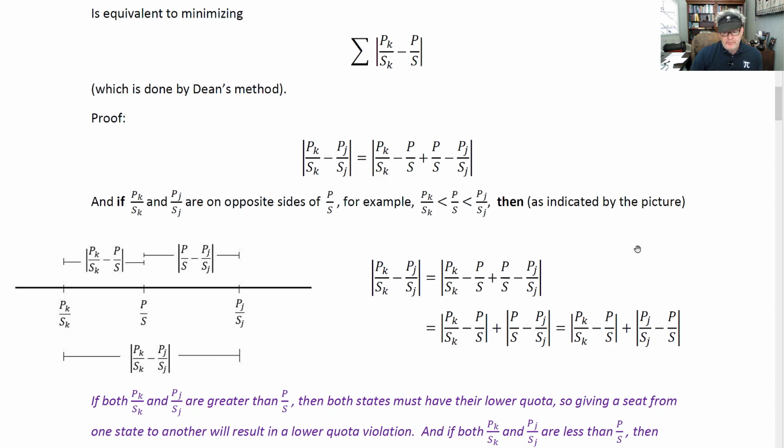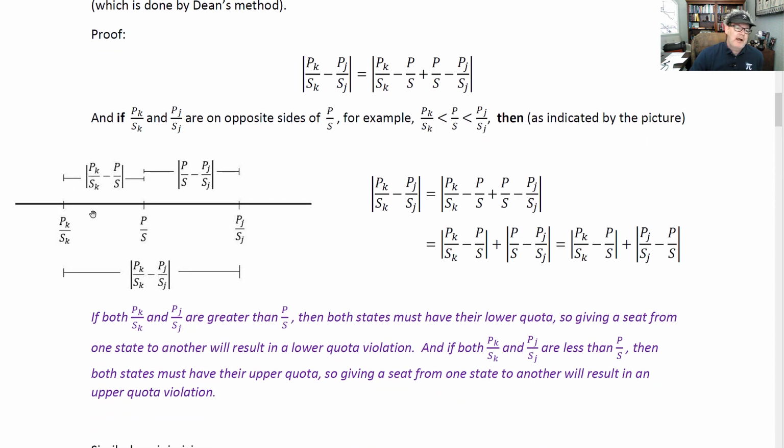If both states were at their lower quota, and then you take away one seat from one of those states and give it to another, then that state that you took it from will now be below its lower quota. So assuming there won't be a quota violation, you will only give seats where the states are on opposite sides of the average, right?